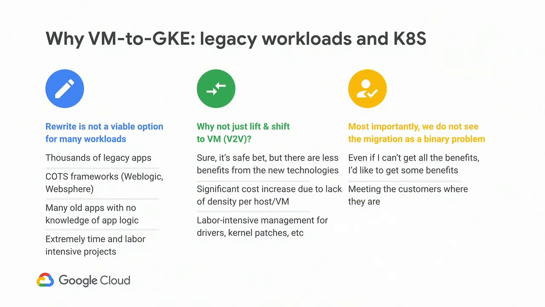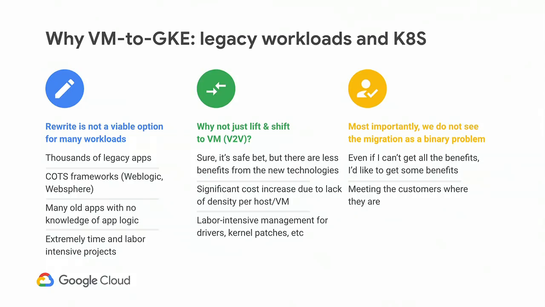Now, let's talk about the second point. I told you about VM to VM migration. Now it's about VM to containers. Many workloads, so you're developing applications, and your new applications are, say, running on GKE or running as containers. But now you also have legacy workloads, and for those, you don't want to rewrite them.